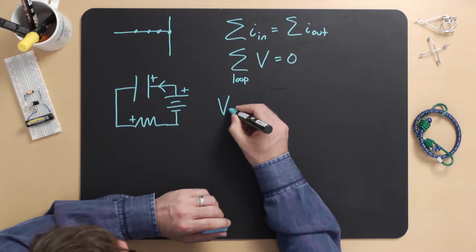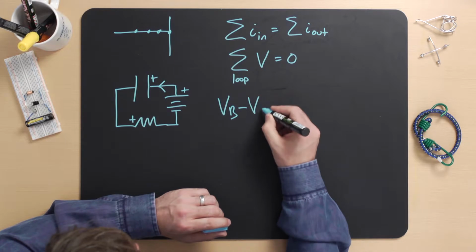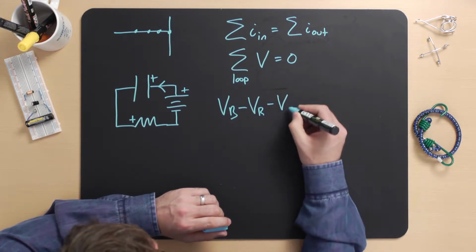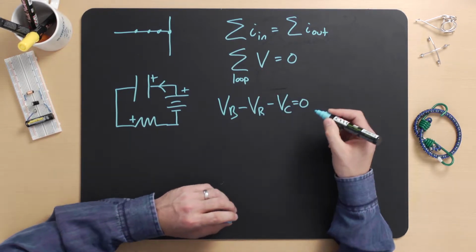If we evaluate the voltage law clockwise, starting at the battery, and assign negative signs anytime we encounter the negative sign of an element, we get VB minus VR minus VC is equal to 0.